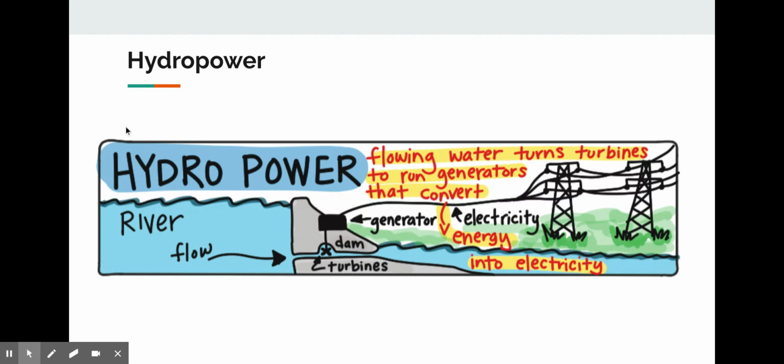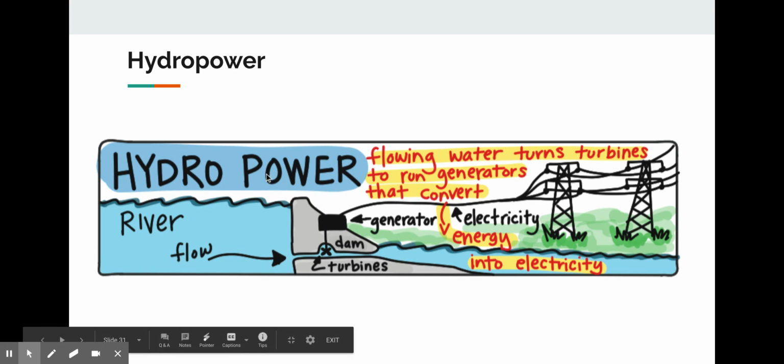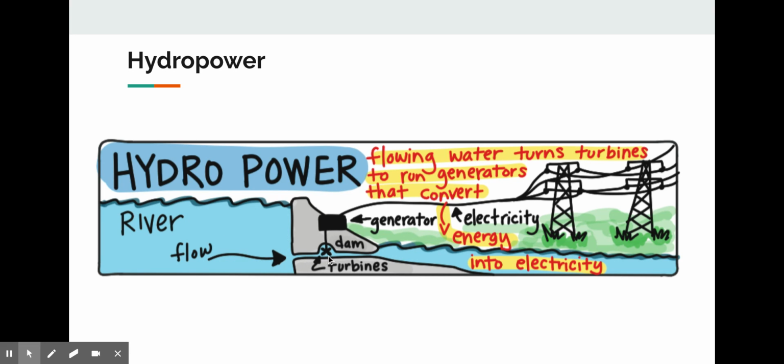Here with hydropower, you can see we have the river. It has the dam to stop it, so it can only flow through this one way. And then in there, we have a turbine. As the turbine spins, that energy gets turned into electricity in the generator. And then it travels along our power lines to join the power grid.